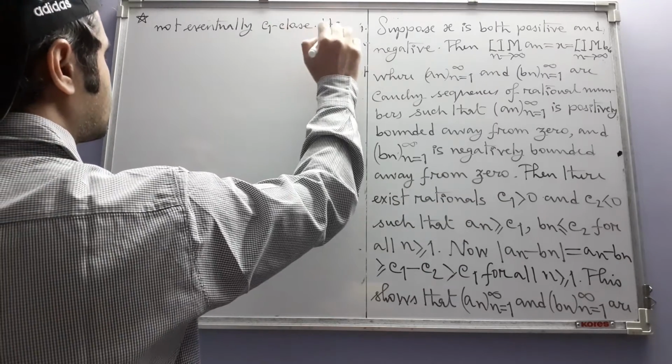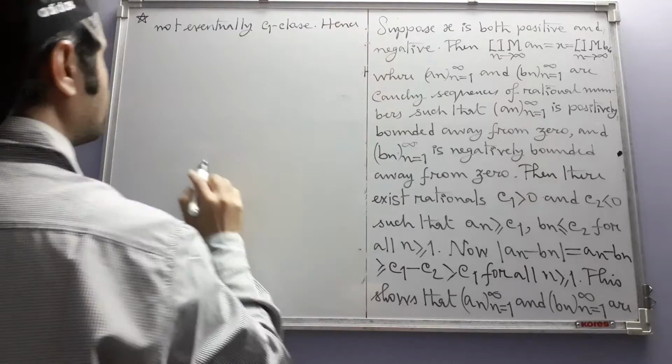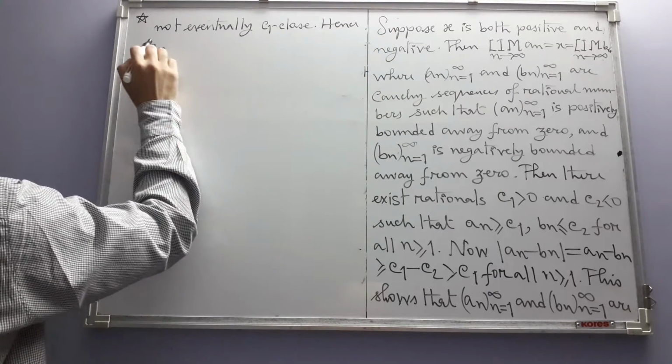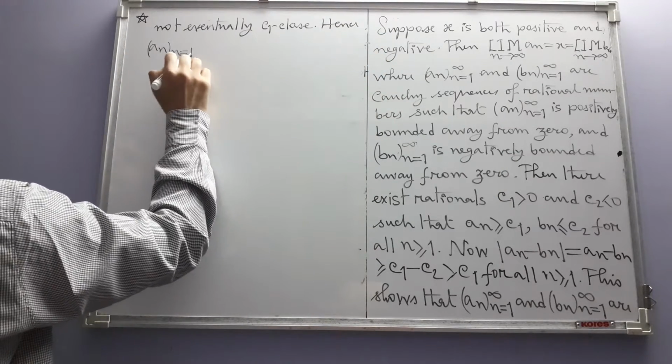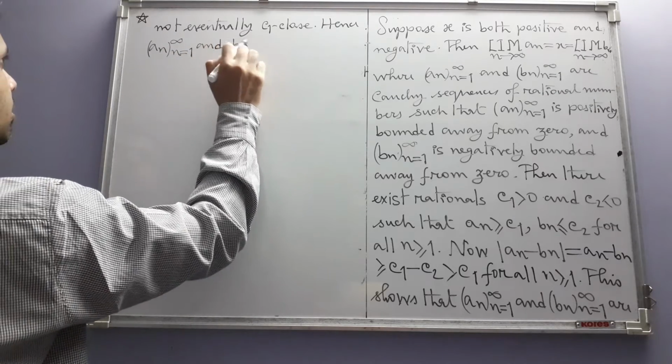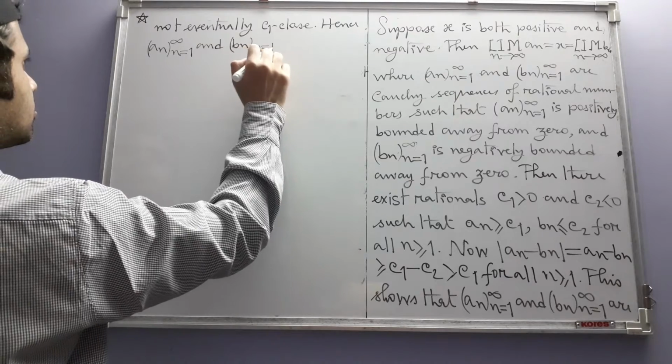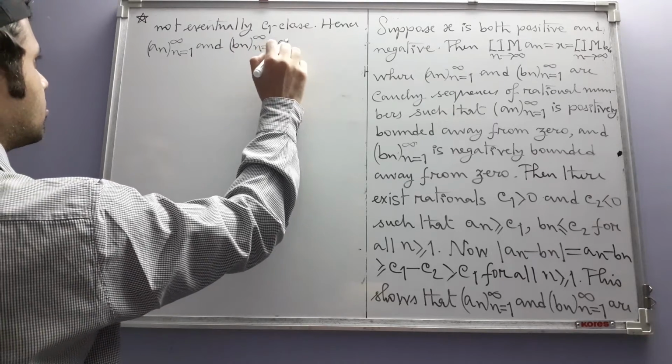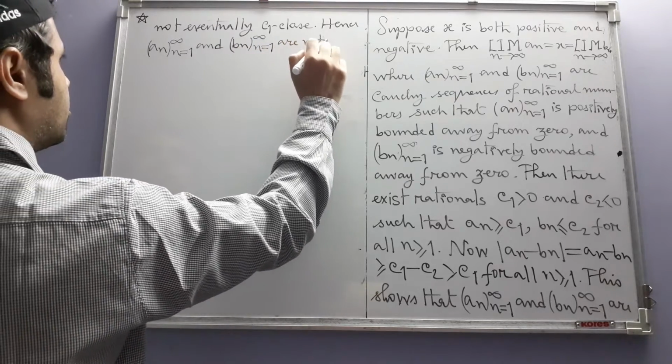Hence, the sequences an and bn are not equivalent.